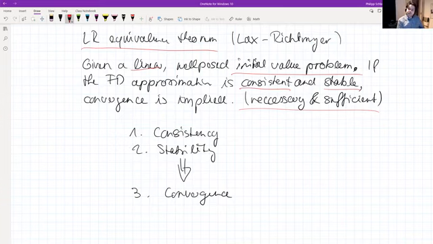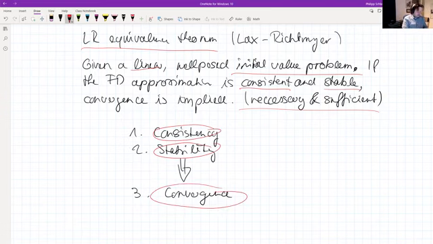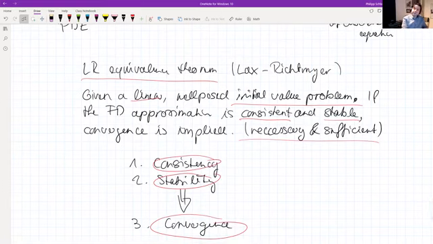So what it means now for us is we need to explore what consistency and what stability means, and of course we perhaps want to start with the concept of convergence, because that's in the end what we would like to achieve. Let me now go through these three topics one by one to just kind of know what we're really talking about. We start with the concept of convergence, so the actual goal that we have.